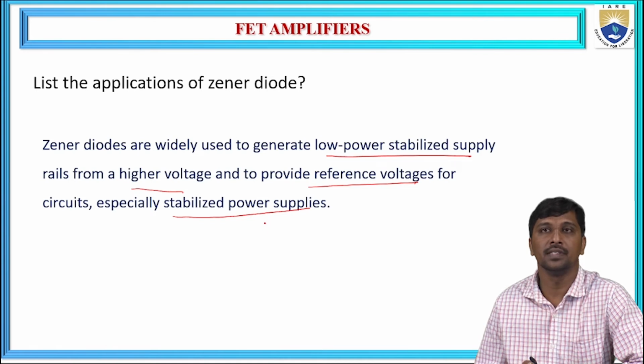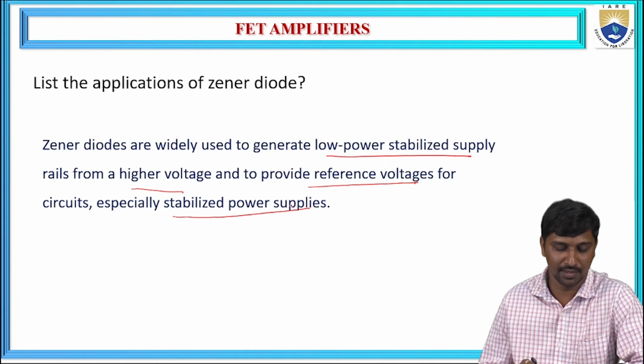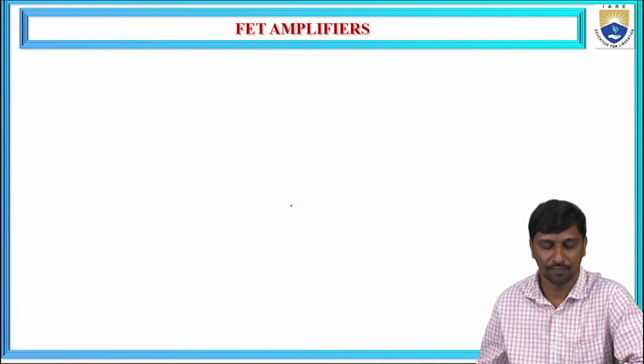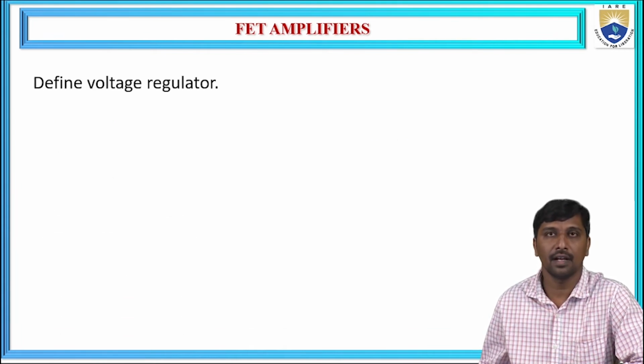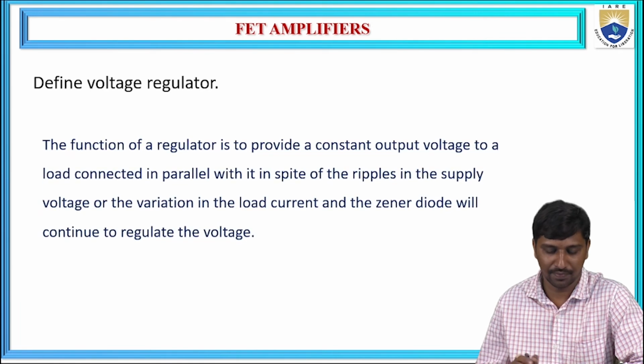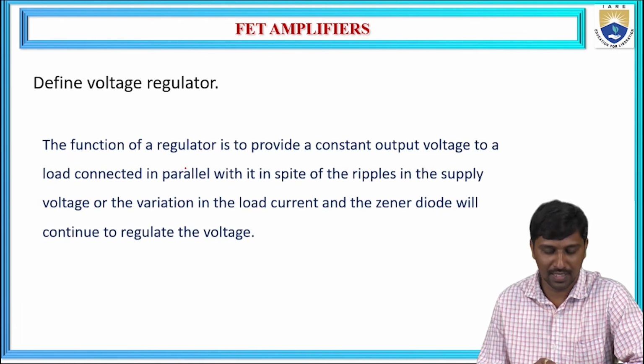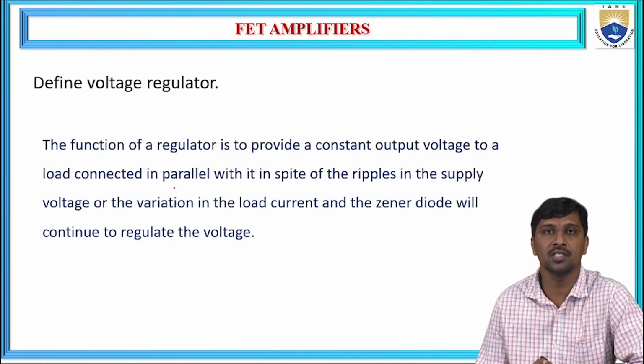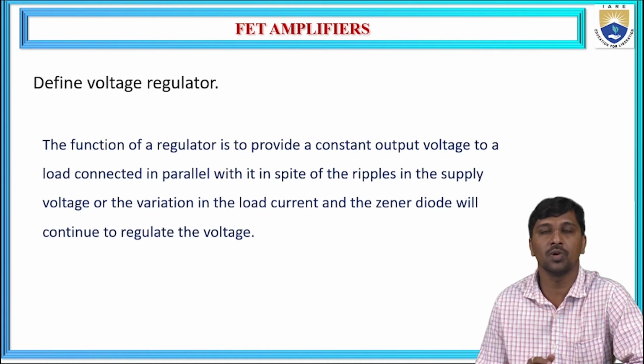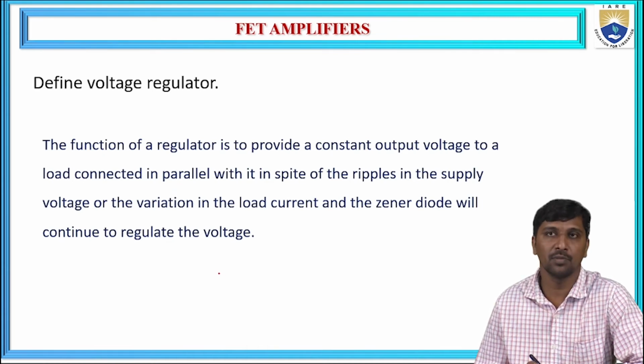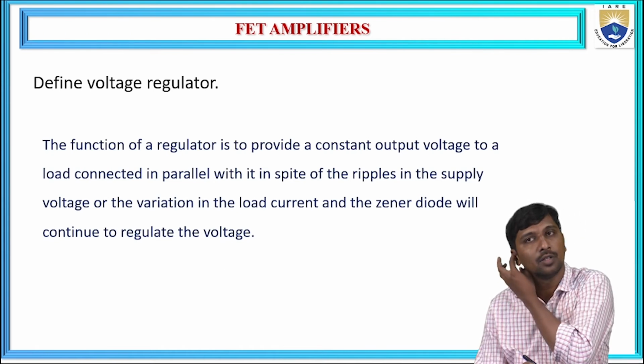So we need to use this zener diode to maintain a constant DC voltage. Define a voltage regulator. The function of this voltage regulator is to maintain a constant output voltage irrespective of the change in supply voltage or the change in load.